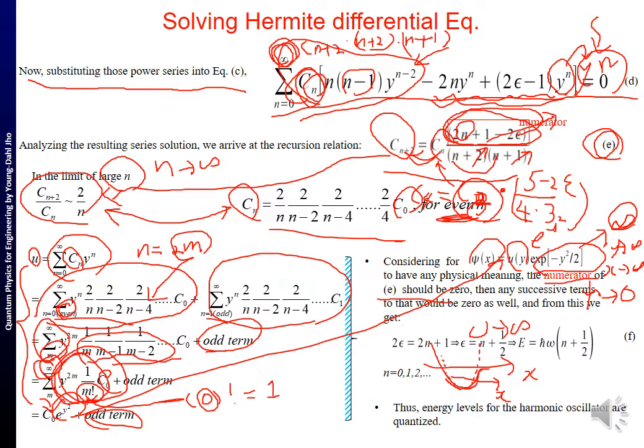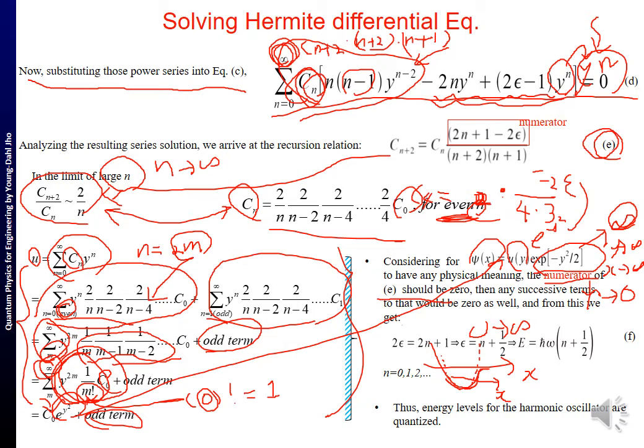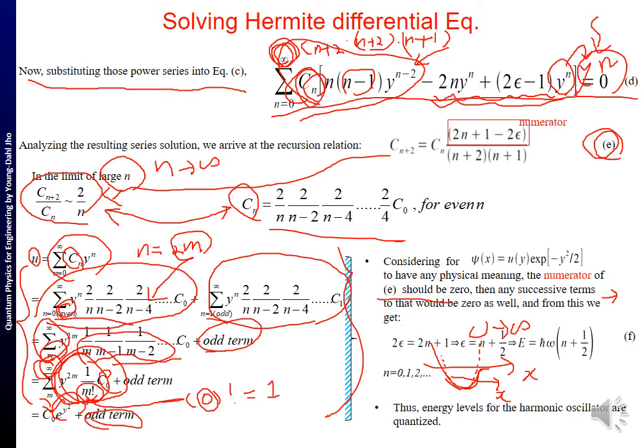If it's true, it always diverges. I mean, the wave function psi will diverge, which is not right. That's why the numerator of this equation should be 0. That's the most important finding in this slide.